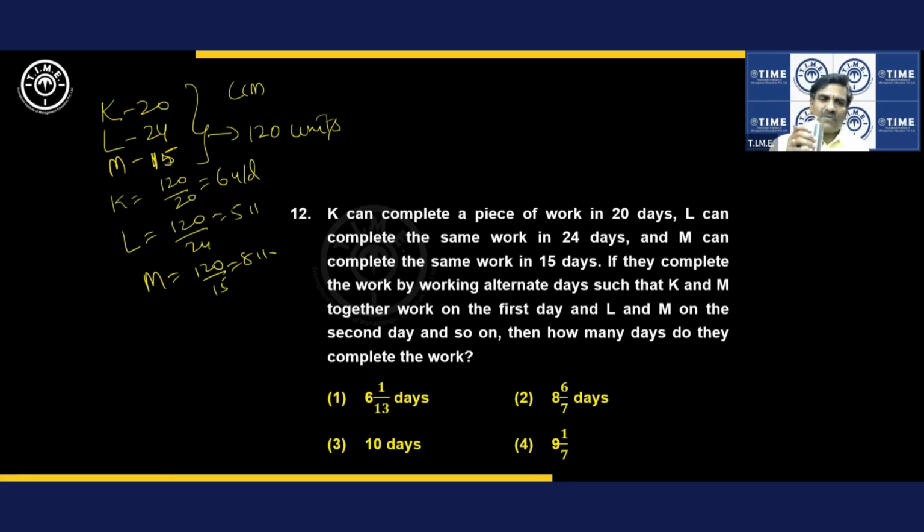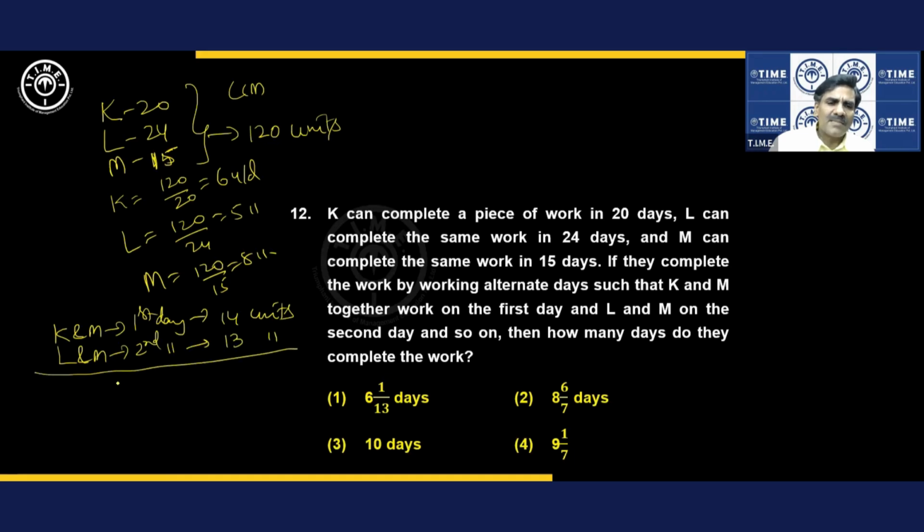Let's look at the calculation further. So K and M on the first day will complete 6 plus 8, 14 units. Second day, L and M are working. They will complete 5 plus 8, 13 units. So every 2 days, this combination will complete 27 units.